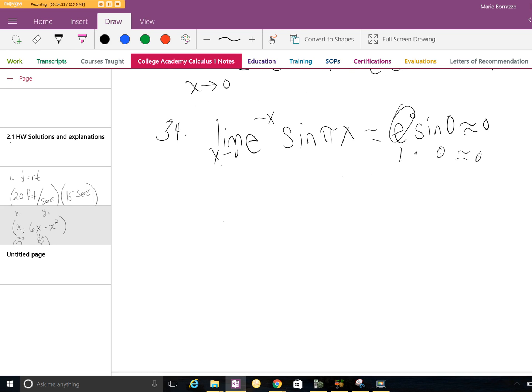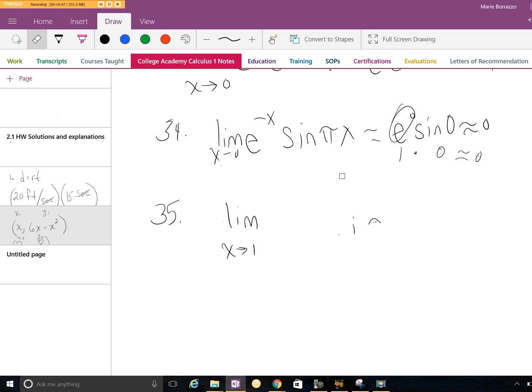Okay, number 35. You have the limit as x approaches 1, and so we have e to the -x sine pi x, and oh no, wrong question, my apologies, I'm copying wrong.